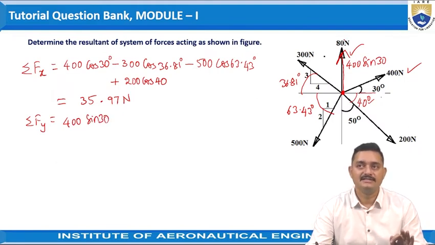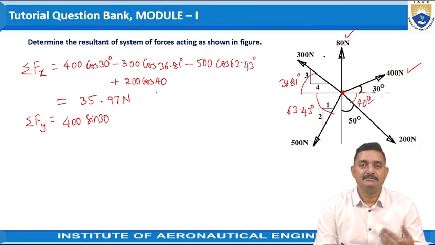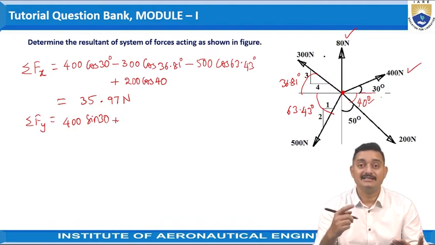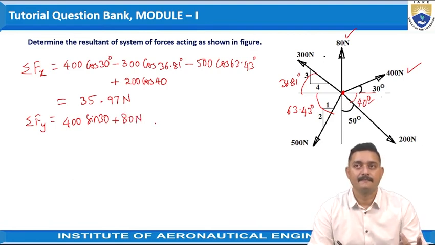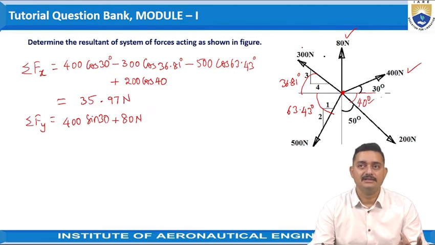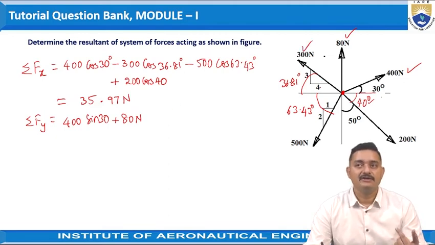Now coming to the second force, that is the 80 Newton force. This 80 Newton force is completely vertical. So we can take it as positive, and also it is acting in the positive axis direction. So we can take it as plus 80 Newtons. Then coming to the third one, the vertical component here would be in this direction, that means a positive direction.